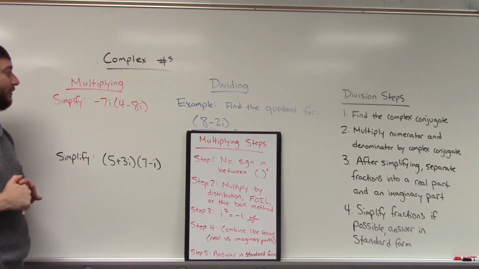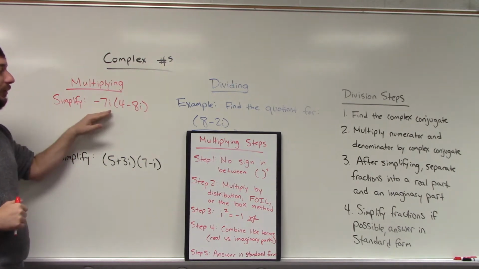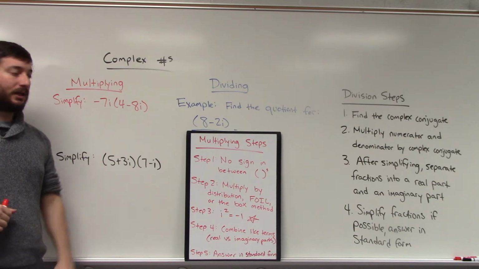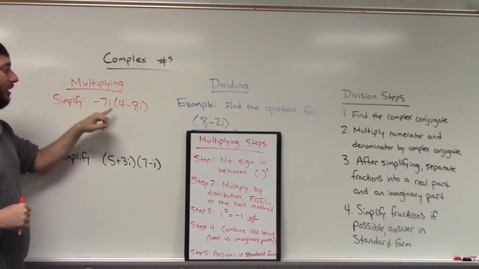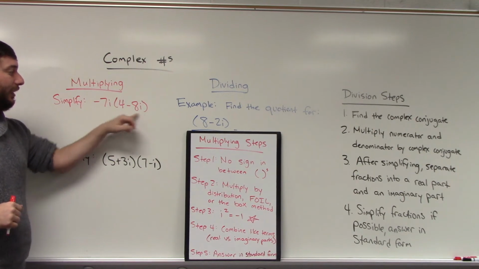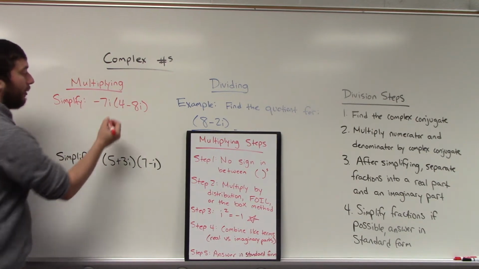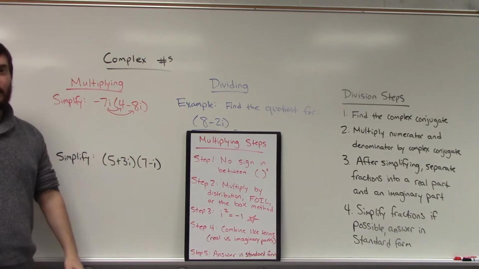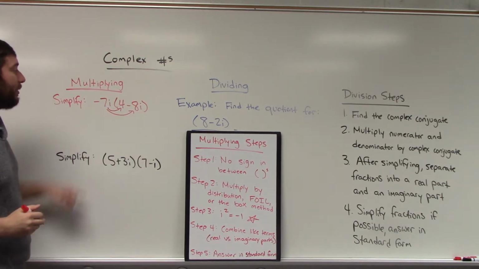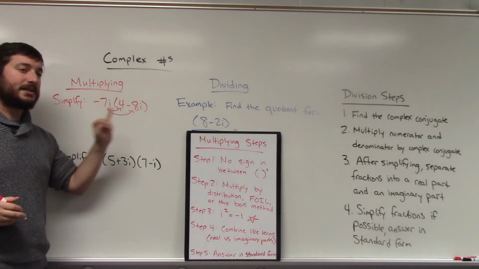We have a couple of examples of multiplying problems. The first one being one where we're distributing. So we're going to take whatever's in front of our parentheses and multiply it to everything inside of the parentheses. So two different times we'll be multiplying, and we're going to multiply numbers times numbers, i's times i's.